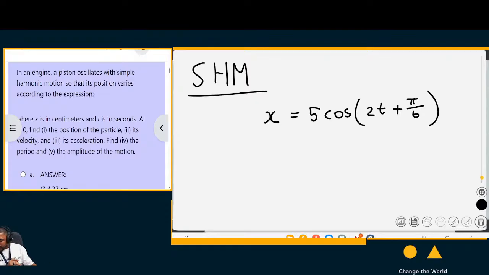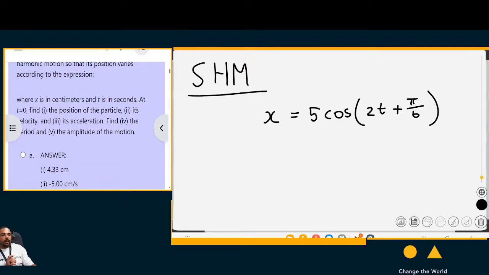Let me just scroll here so you can see it. At time t naught, find the position of the particle.